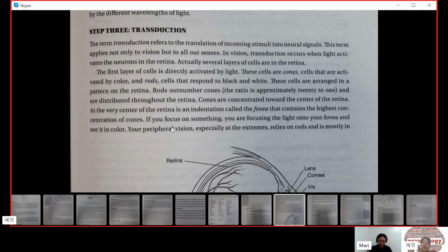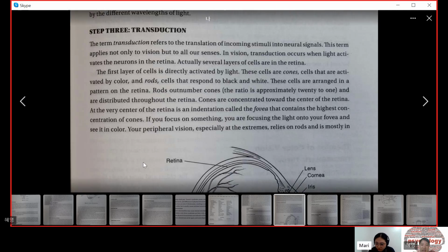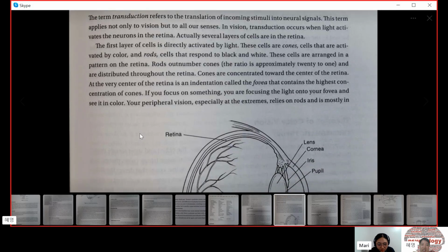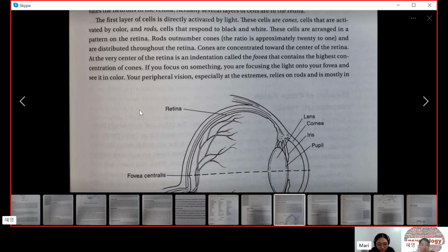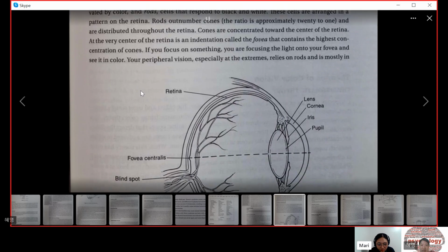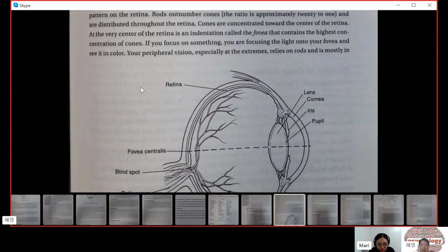These cells are arranged in a pattern on the retina. Rods are distributed throughout the retina. Cones are concentrated toward the center of the retina.